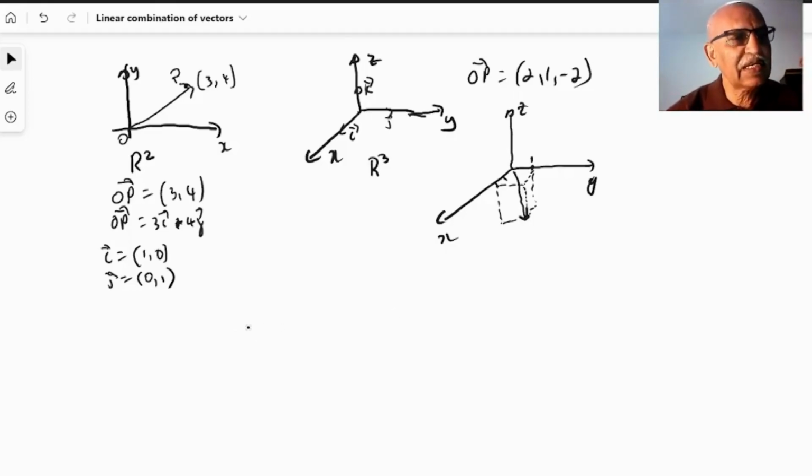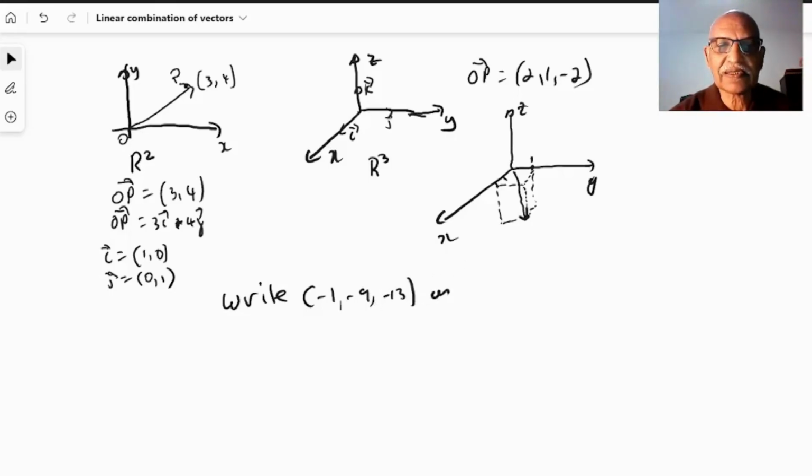So I can say, write -1, -9, -13 as a linear combination of two vectors, 1, 2, 4 and 2, -3, -1.